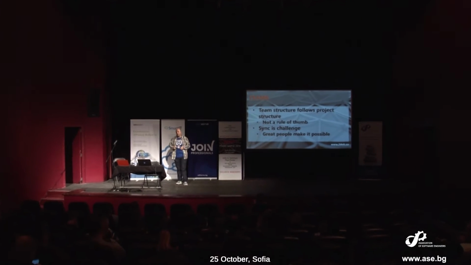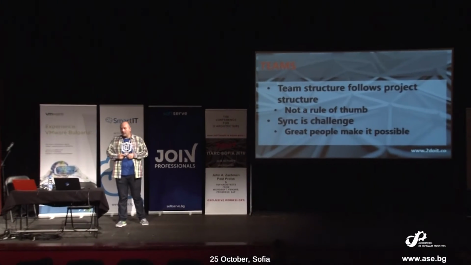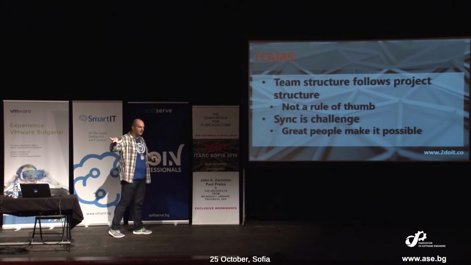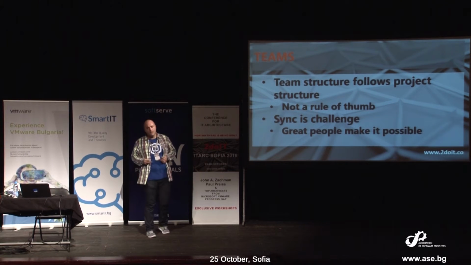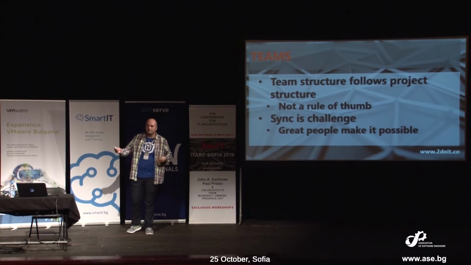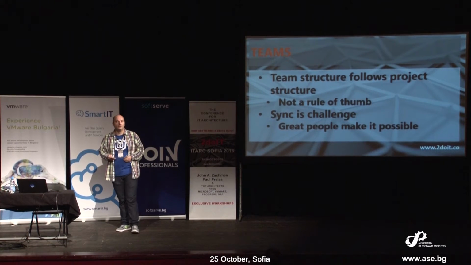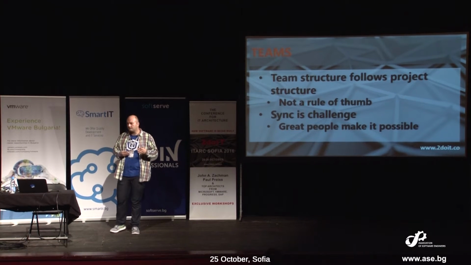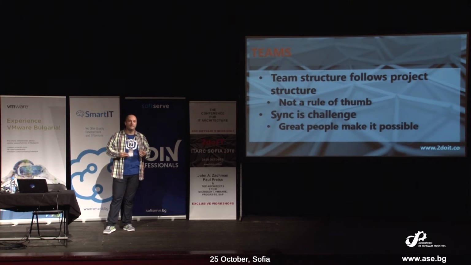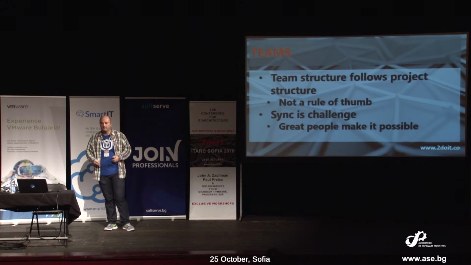Hence, there is not a team for that. Sync with that many teams is a challenge. However, great people make it possible to align, build the things, communicate clearly, and make the things right.